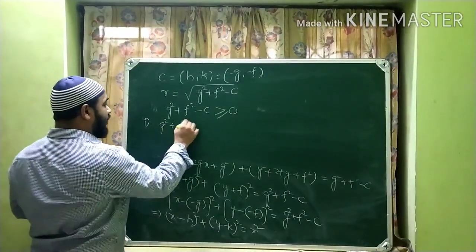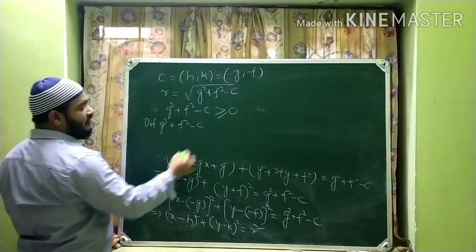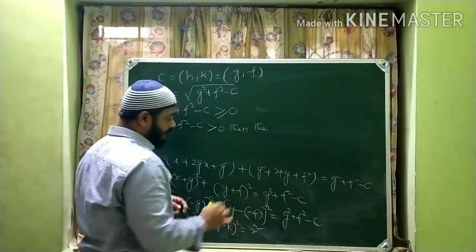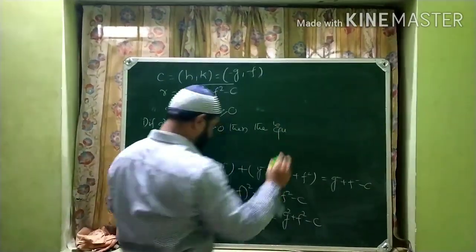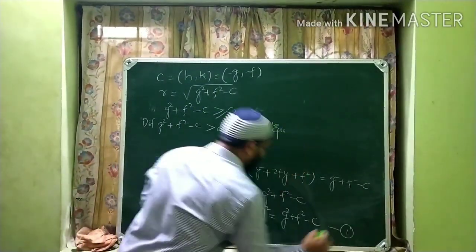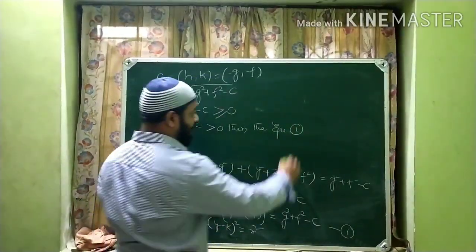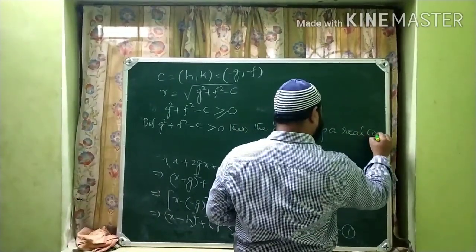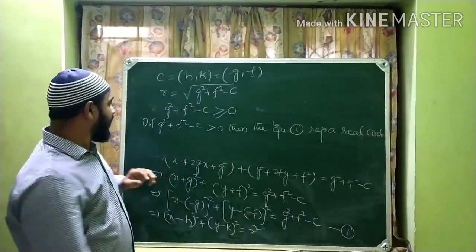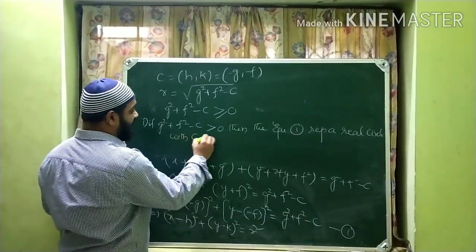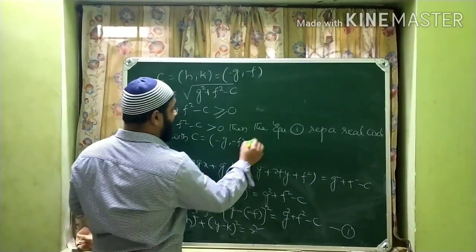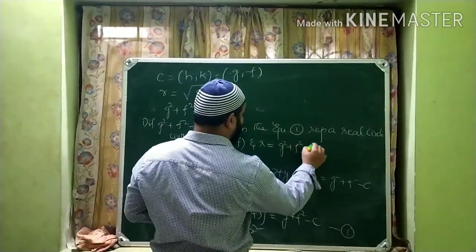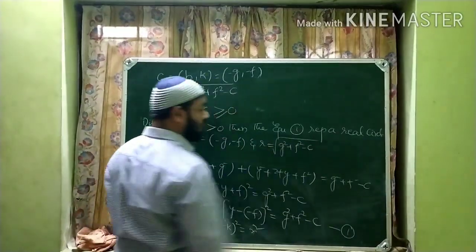One is, if g square plus f square minus c is greater than 0, then, let us take this equation to be 1, the equation 1 represents a real circle with the center c equal to minus g, minus f, and radius equal to the square root of g square plus f square minus c.